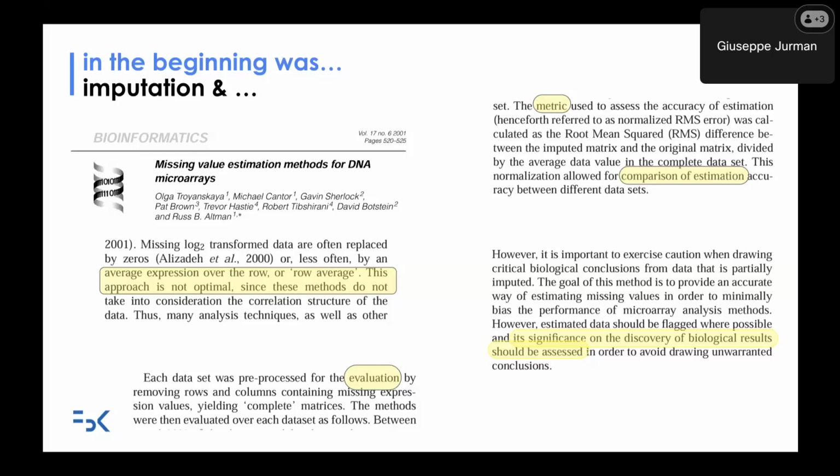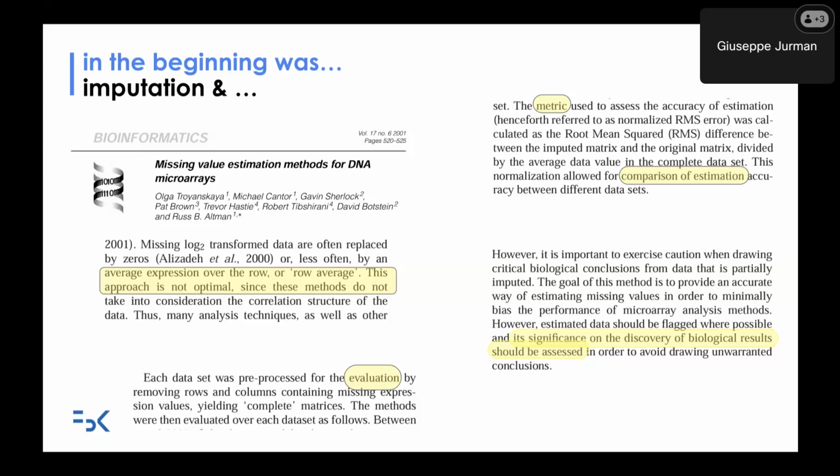How can we do this kind of thing? We can do it, for instance, by averaging the real data we have in the same position, like averaging the expression. Clearly, this approach is not optimal, because these methods cannot take into consideration the correlation structure of the data, but at that time, 20, 25 years ago, it was the best you could do.